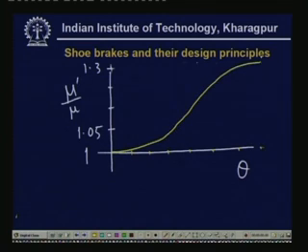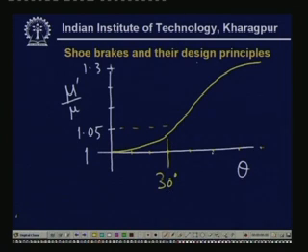It goes somewhat like this, and what we see here is that for theta less than 30 degrees, this factor is less than 1.05. So, the change is less than 5%, and we can ignore that.